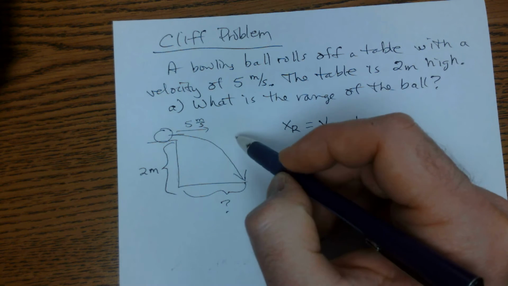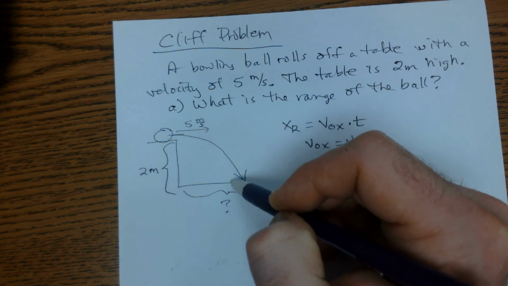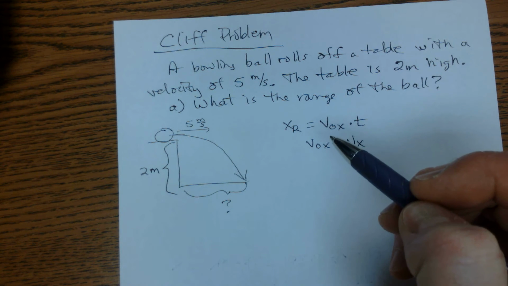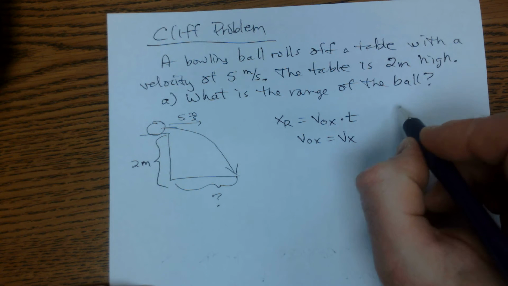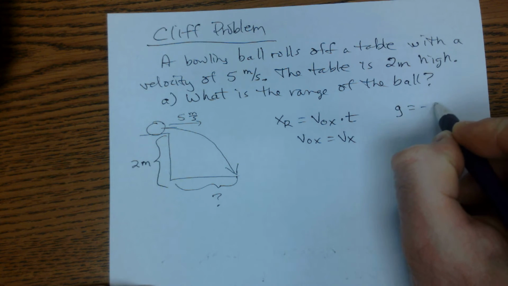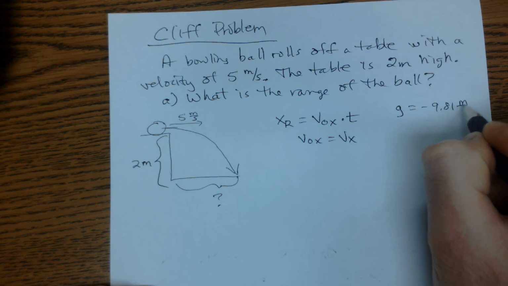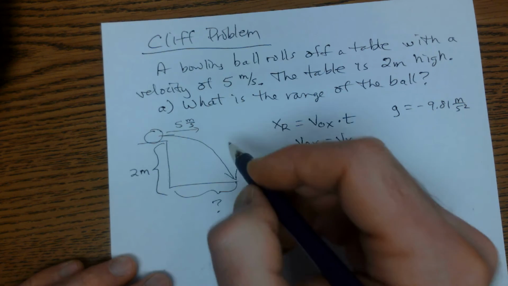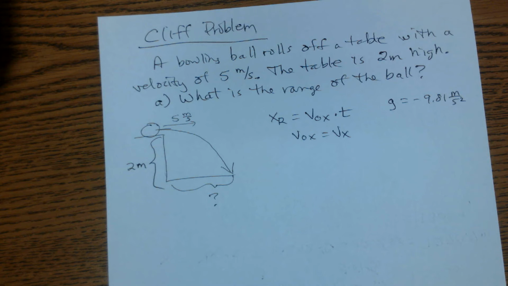Now our time is going to be affected by gravity. How hard does gravity pull it? Well, this is one of those situations where we have a number that we're not given, but we know it. We know that gravity is equal to negative 9.81 meters per second squared. And then we also know that it's 2 meters high.